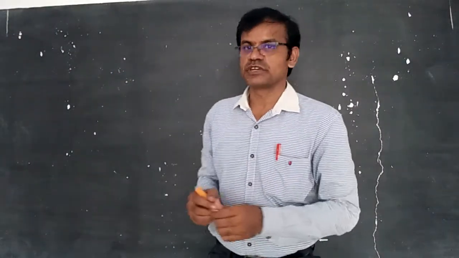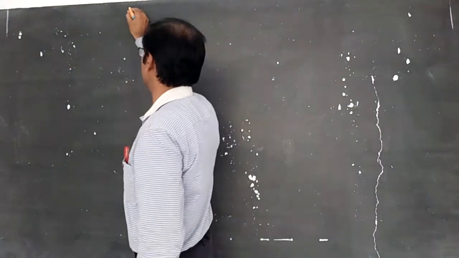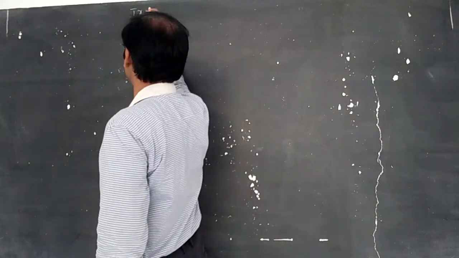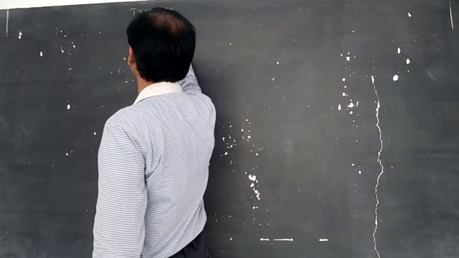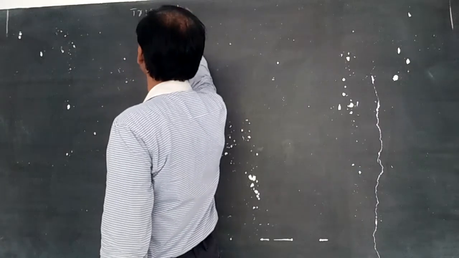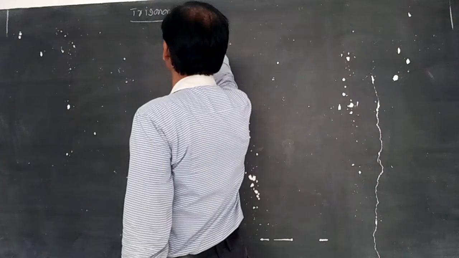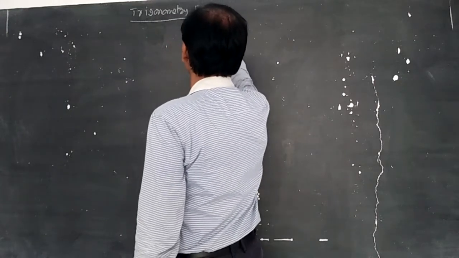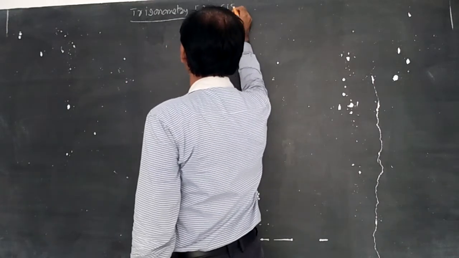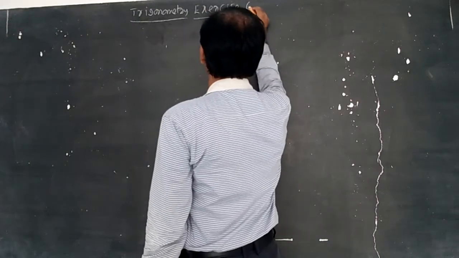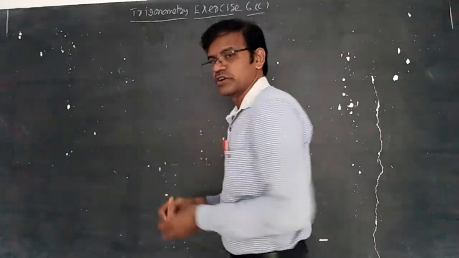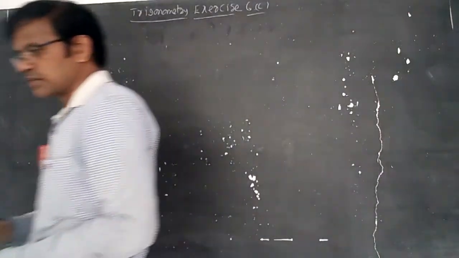Dear junior JEE students, we are discussing the chapter trigonometry. Until exercise 6B we have discussed. Now let us discuss exercise 6C.